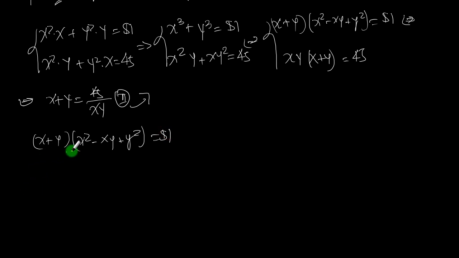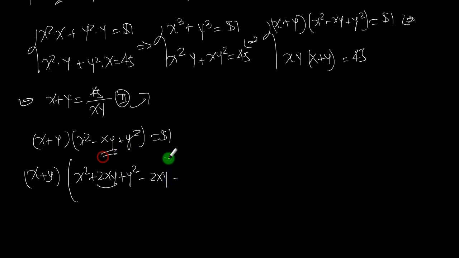So now look that I can write this as x plus y, which multiplies, if I complete the square here, let's do it step by step, x squared plus 2xy plus y squared. I've added this term and I have to subtract it, which is minus 2xy, and then minus the xy that I already have here, and this equals 81.